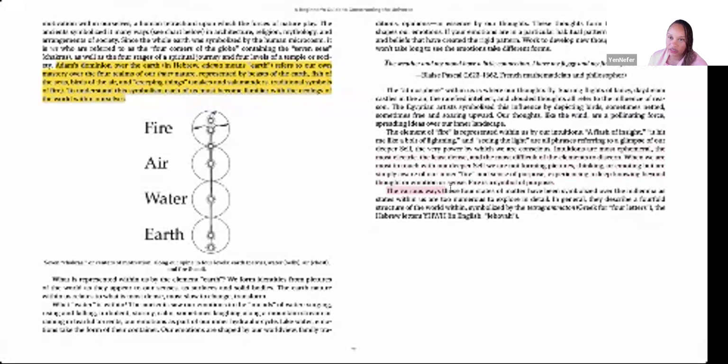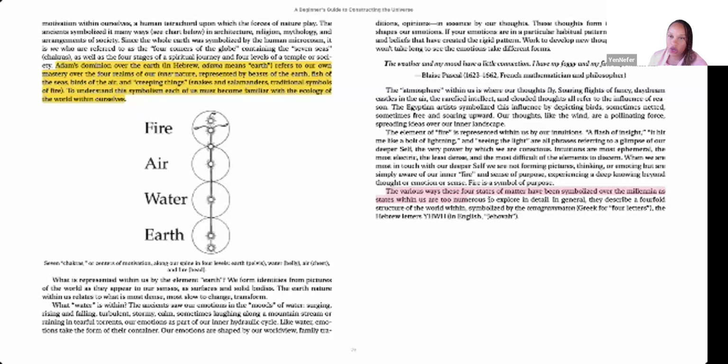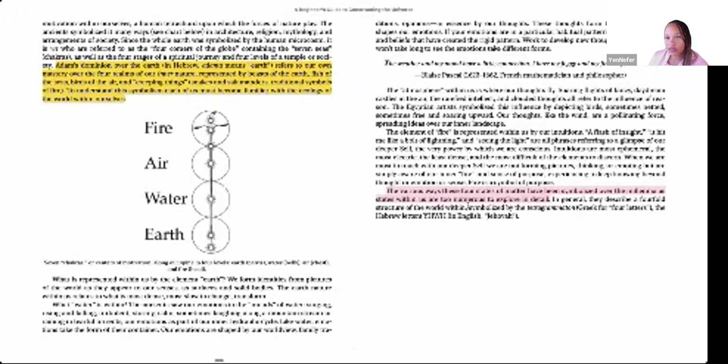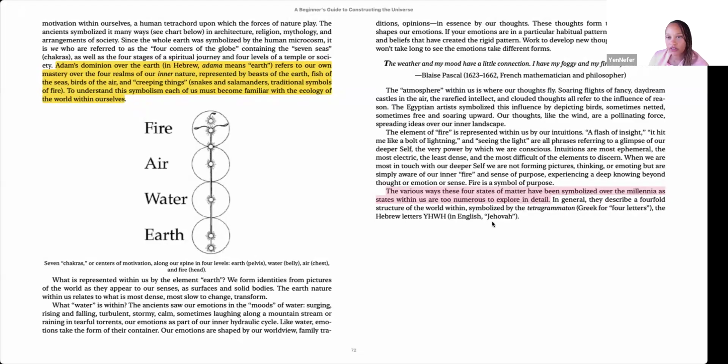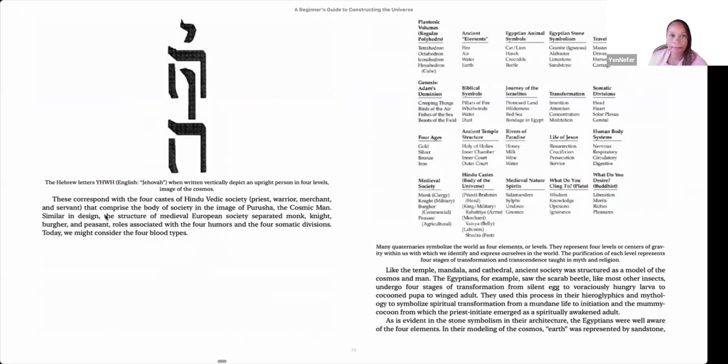The various ways these 4 states of matter have been symbolized over the millennia as states within us are too numerous to explore in detail. In general, they describe a 4-fold structure of the world within, symbolized by the Tetragrammaton, the Hebrew letters YHWH, in English, Jehovah.